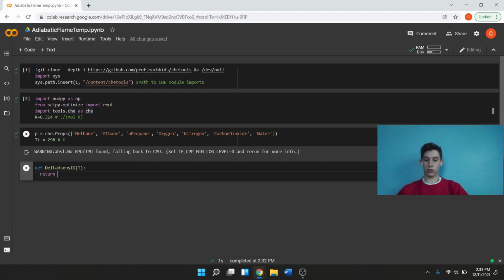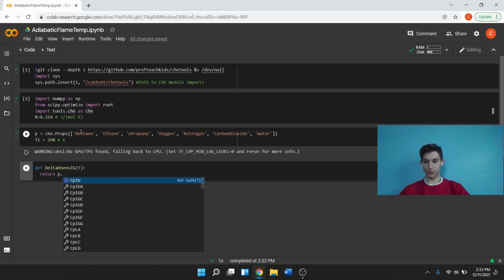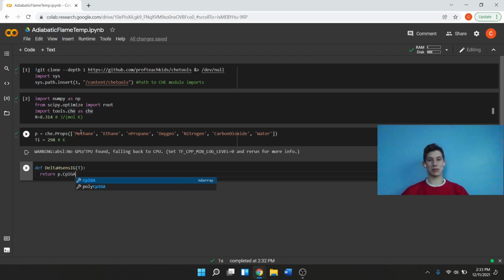It's going to return the equation of the integration of the specific heat that we did. So it will look something like this.